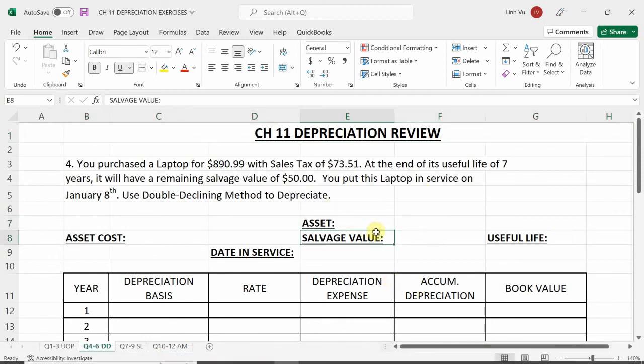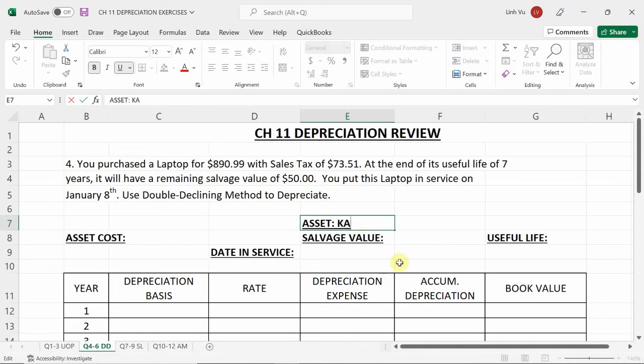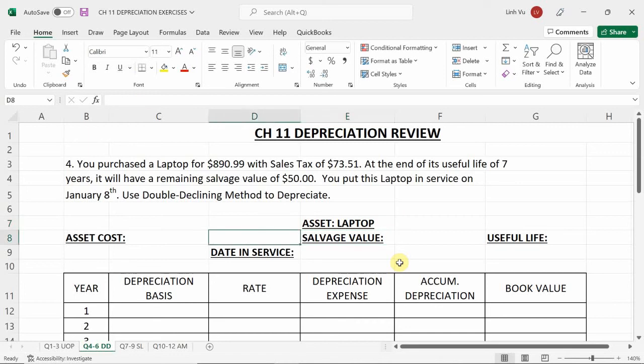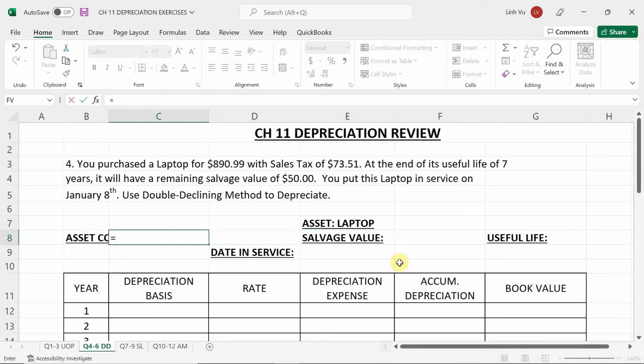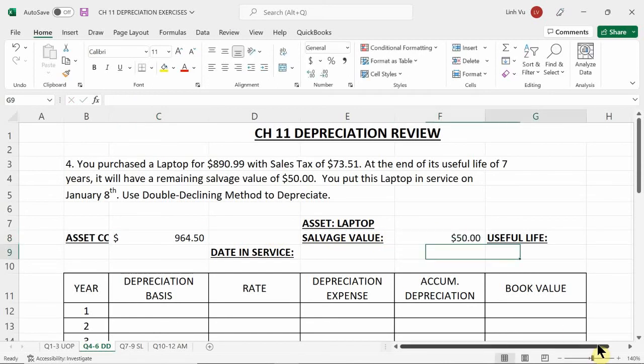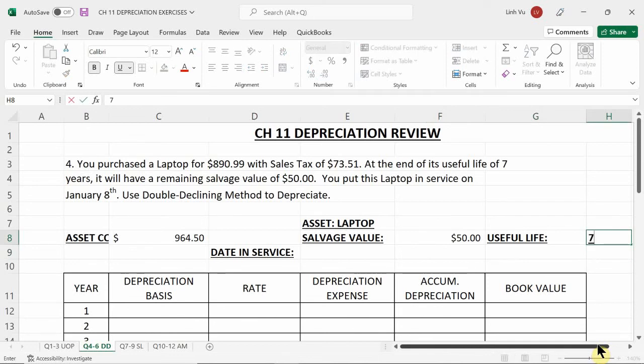A laptop. How much was my laptop? $964.50. Okay, $964.50. Good. How much is my salvage value? $50. Okay. And what is my estimated useful life? 7 years.